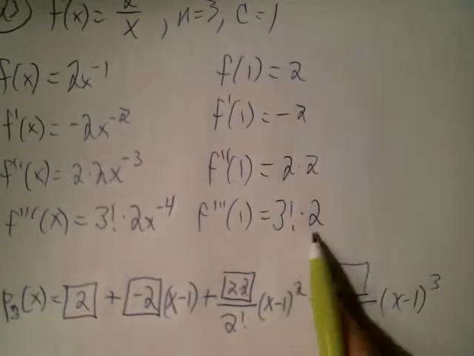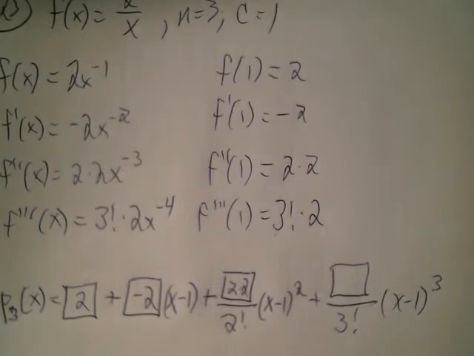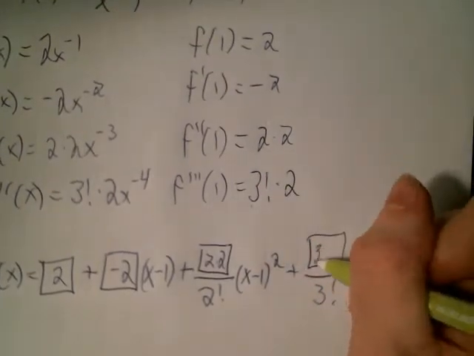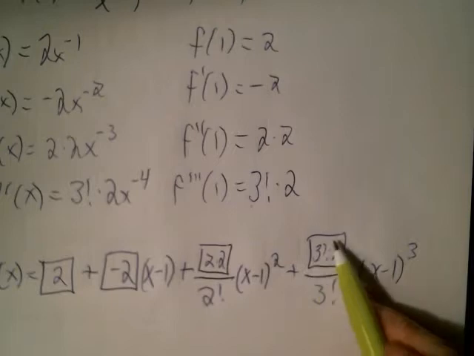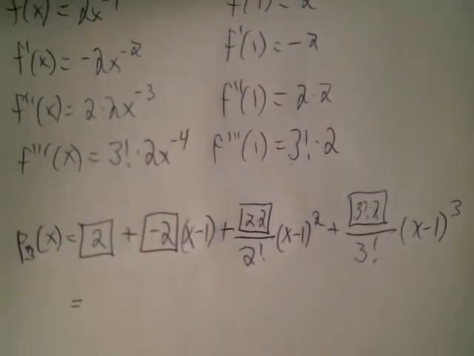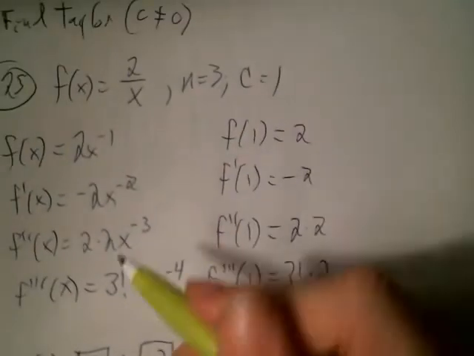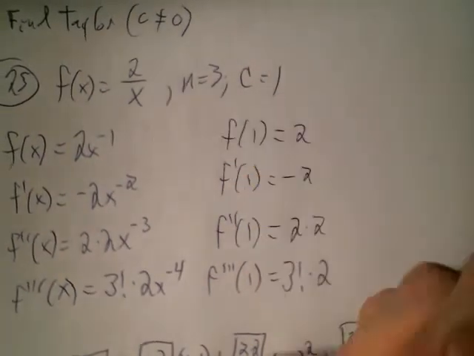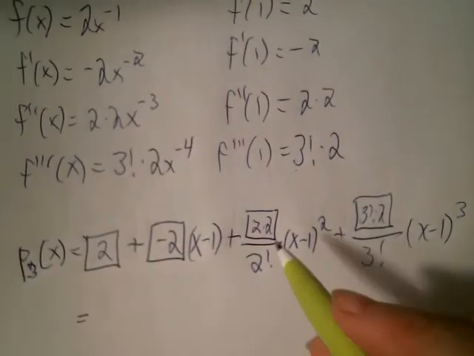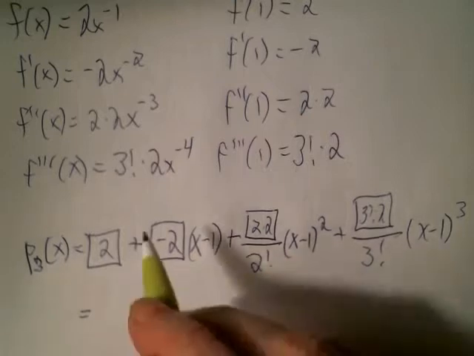And if you keep them separate, you see that these coefficients are going to cancel out the factorials. So we're left with 3 factorial times 2 here. This 3 factorial will cancel out. And it's kind of the purest Maclaurin polynomial there. Maybe that's the point. When you're working with these guys, you kind of get out pure polynomials without these constant factorial factors involved.